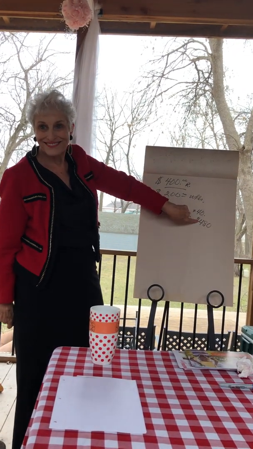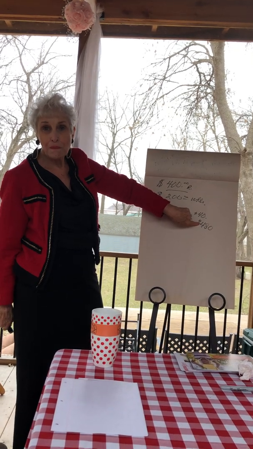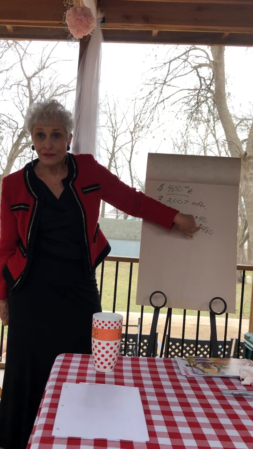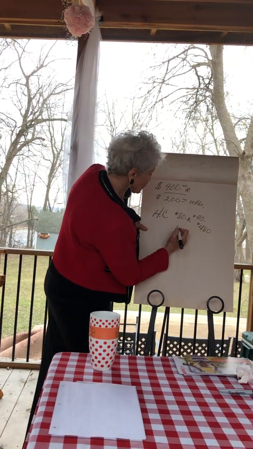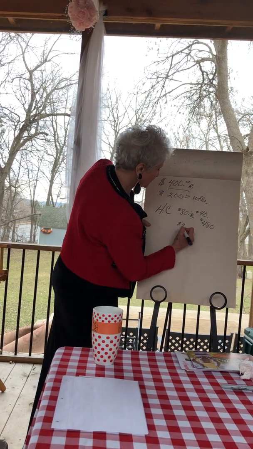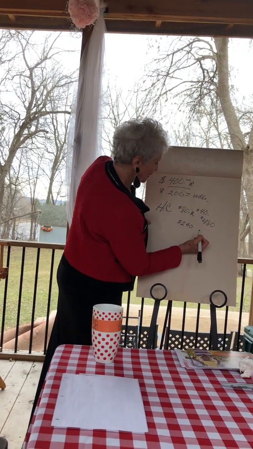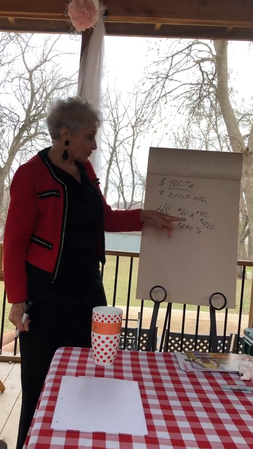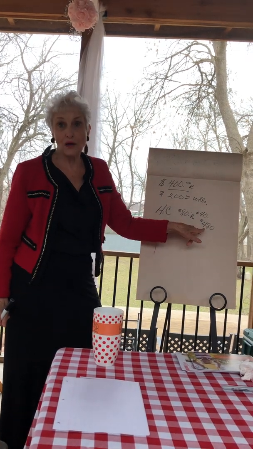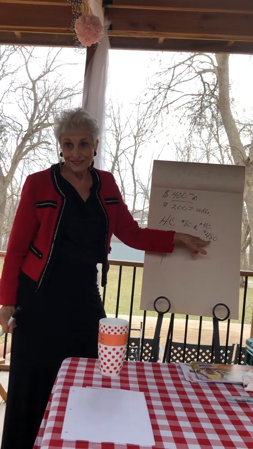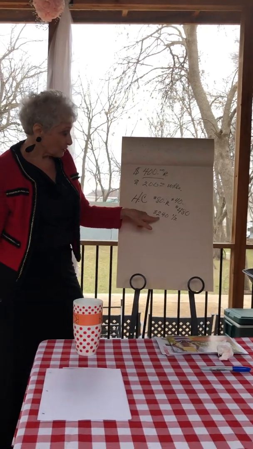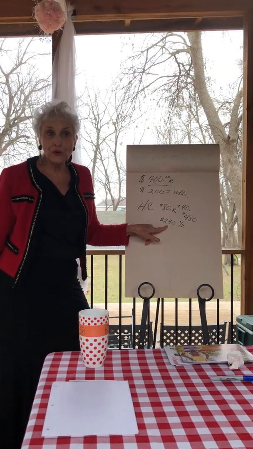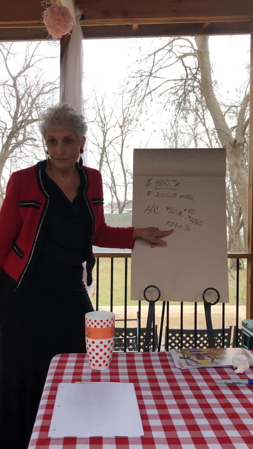Divide 480 by 2, which is 240. That's half of the 480, because you had 480 go out the door that day. That 480 of product cost you $240. Got it?